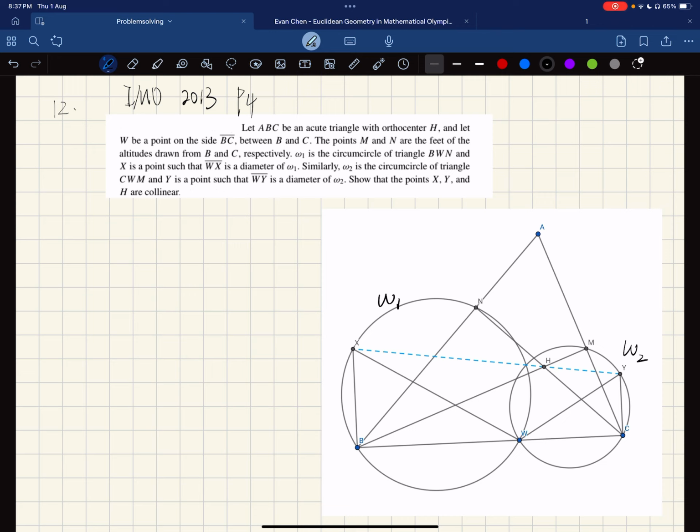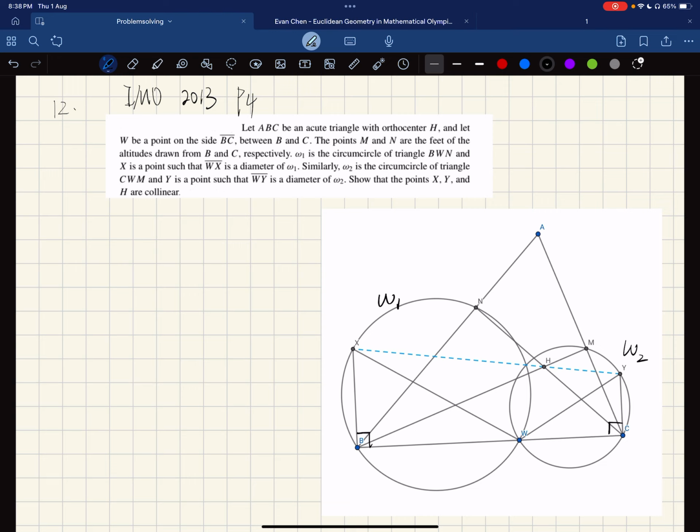X is a point such that WX is the diameter of omega 1. Since WX is the diameter, we know the angle XBW equals 90 degrees. Similarly, here it is also the same, right?